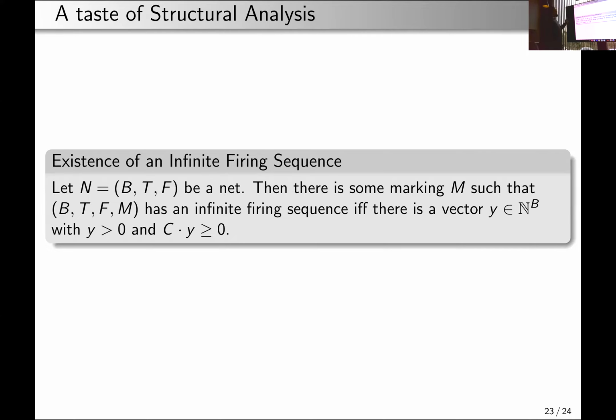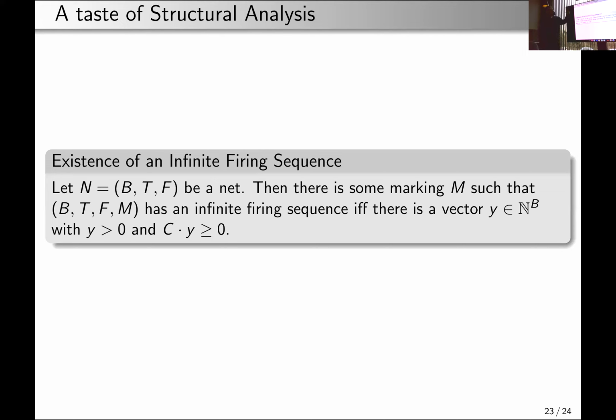So the statement is, there exists some marking from which the net system has an infinite firing sequence if and only if this property holds. And the property is that, now I don't require this to be strictly positive in every coordinate.